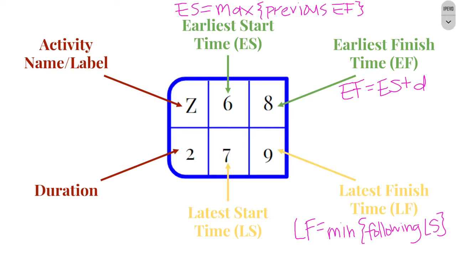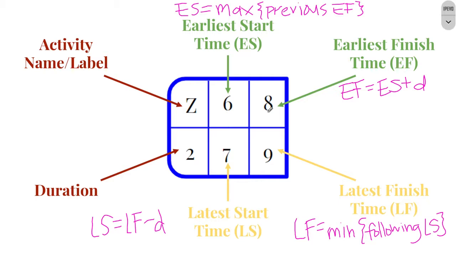The reason is that we want to make sure we finish this activity on time so that we don't start the others too late. And then our late start time is going to be equal to our late finish minus the duration, which you can see here in this example. If our late finish time was 9, I subtract away 2 to get 7. And the same thing was true if our earliest start time was 6, we added 2 to get 8.